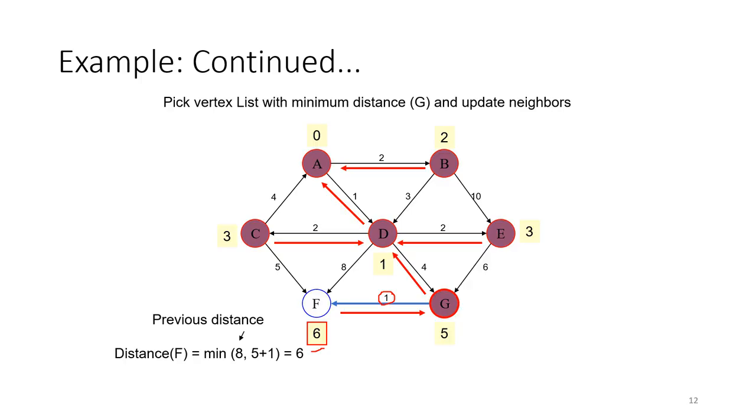Initially it was 9. Then when I knew C, it became 8. And now when I know G, it becomes 6. That is my shortest path to reaching F. And F will be the last node that we are going to add.